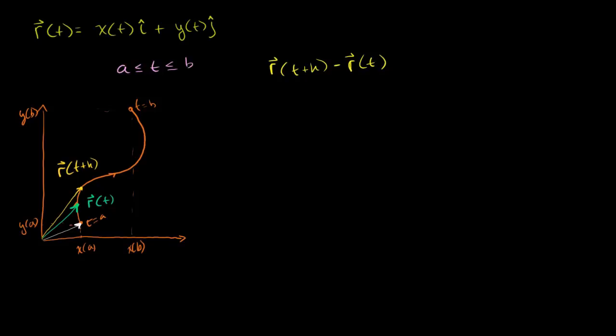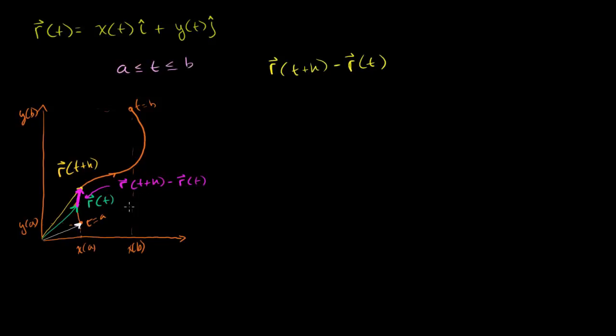You might want to review some of your vector algebra, but we're essentially just going to get this vector right there that I'm doing in magenta. That magenta vector is r of t plus h minus r of t.